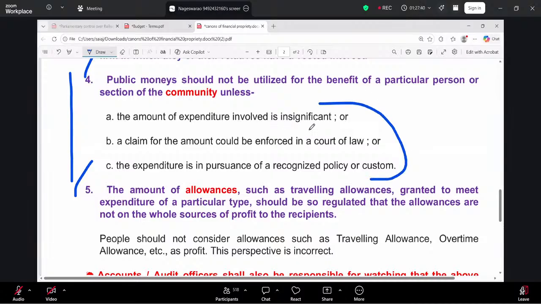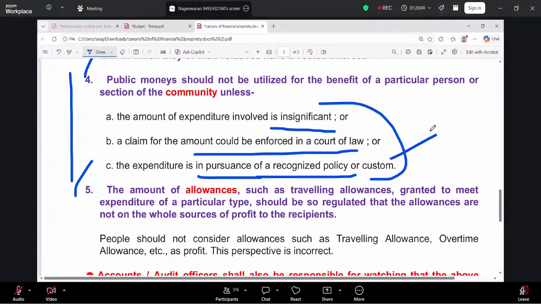If it is an insignificant or very small amount, if it is ordered by a court of law, or if it is a recognized policy or custom. If you check the Balaji temple, the Chief Minister of Andhra Pradesh carries some silk cloth, or in Bhadrachalam, in Ajmer Dargah, that is a policy or custom. Okay, that is an exception.